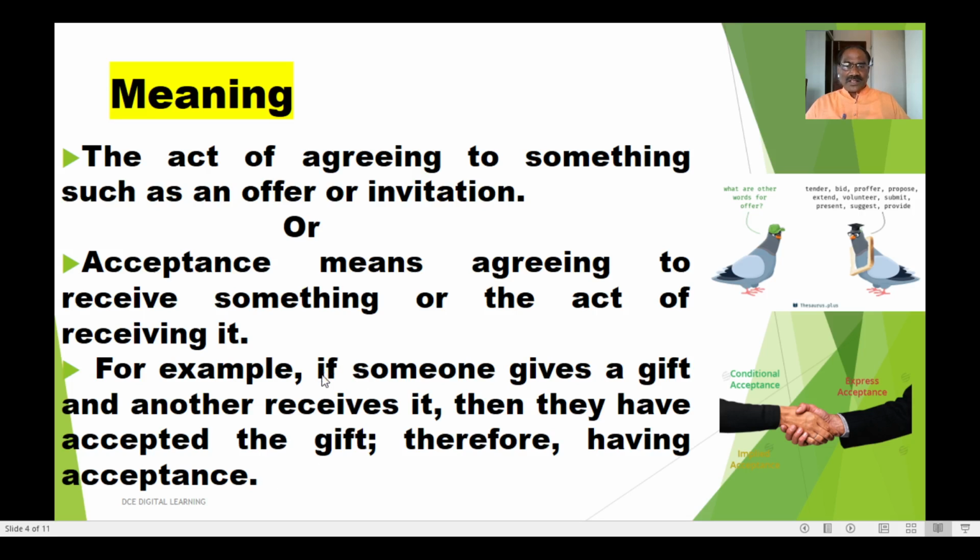So therefore both are present here, offer as well as the acceptance. And if there is an offer and acceptance, both valid, then the legal contract, the valid contract can be created, and some legal relationship will be created. Definitely the valid contract will be made and the contract can be enforceable by law.